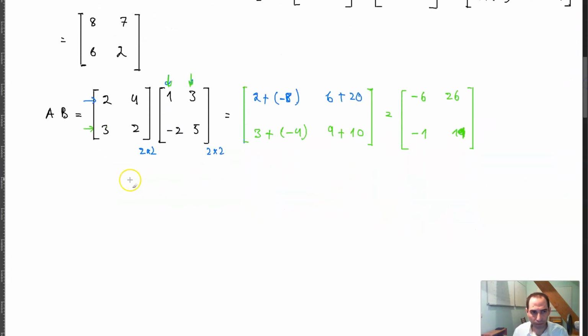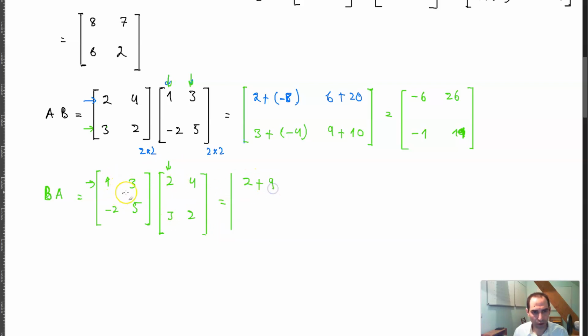Now B times A is equal to 1, 3, negative 2, and 5, and A is 2, 4, 3, 2. Which is equal to, I can start from this row, this column, so 2 by 2 matrix, 1 times 2 is equal to 2, 3 times 3 is equal to 9. Moving to this column, 1 times 4 is equal to 4, 3 times 2 is equal to 6.